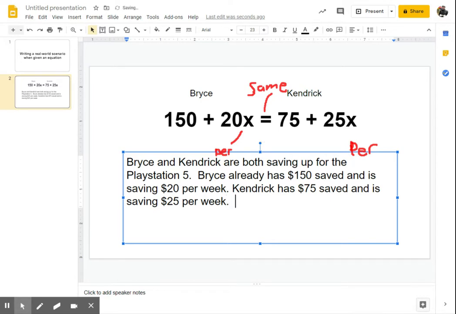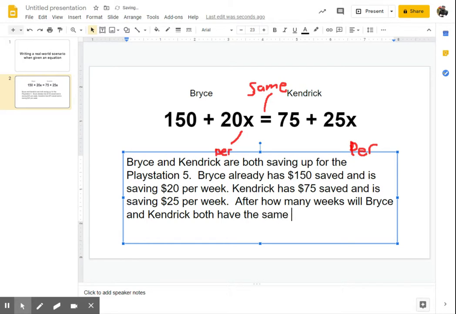And so we want to know, after how many weeks will Bryce and Kendrick both have the same amount of money saved up?